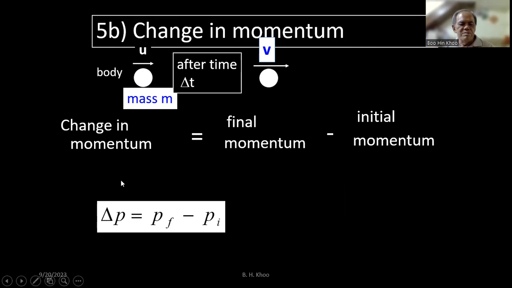So in terms of symbols, change in momentum is delta p, final minus initial. Or we can write change in momentum, taking the common factor mass out, as mass times final velocity minus initial velocity.